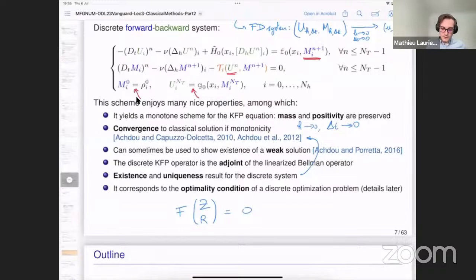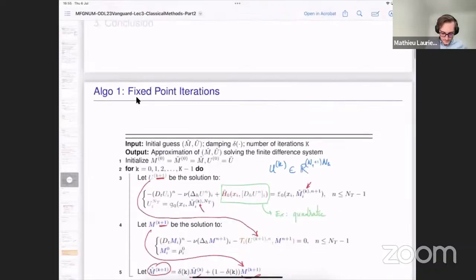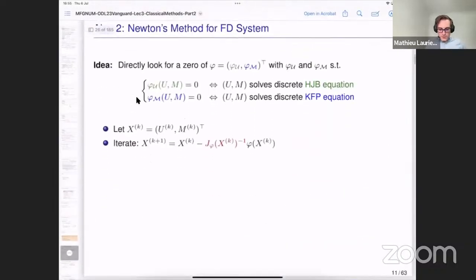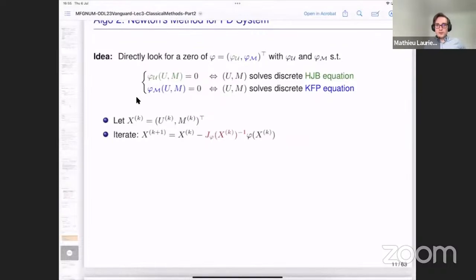So here you can do the same thing with U and M. You have more dimensions, I mean, there is one more dimension for space, but you can concatenate all the coordinates in time and space, and you can write a very long vector of U and M together. So I formalize this a little bit here. You take U and M, and in fact, you have two components in your function.